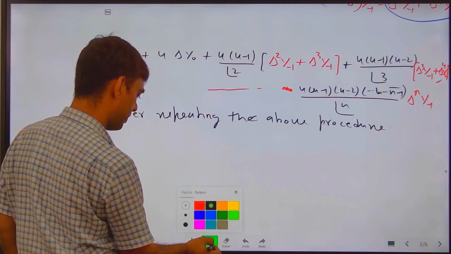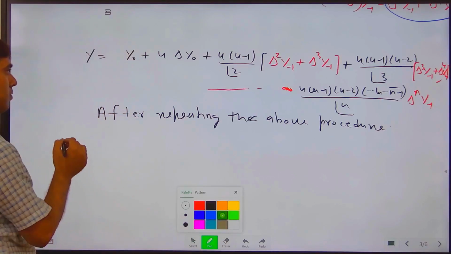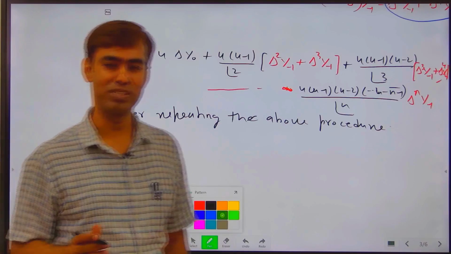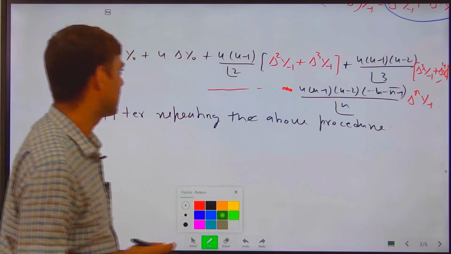What is the formula? Not the Newton forward interpolation formula, it is the Gauss forward central interpolation formula.